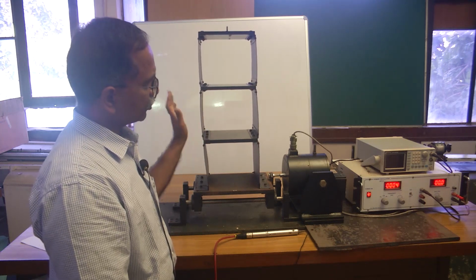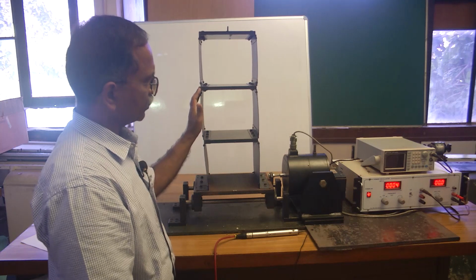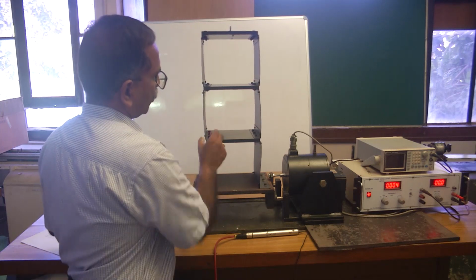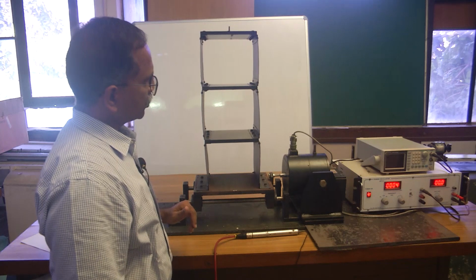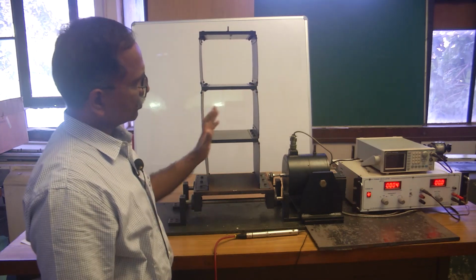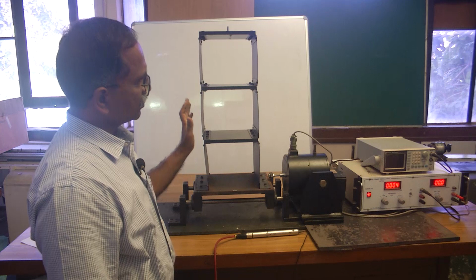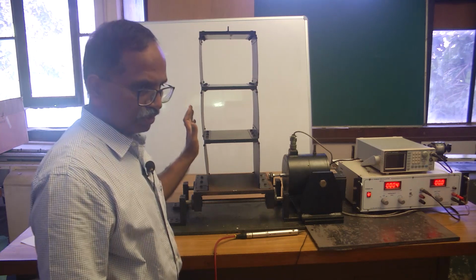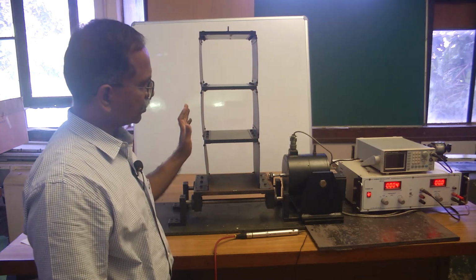So, this is a free vibration response given some initial condition. Depending upon the kind of initial conditions you give, the ensuing vibration response will be essentially guided by the way you initially excite this multi-degree of freedom system.